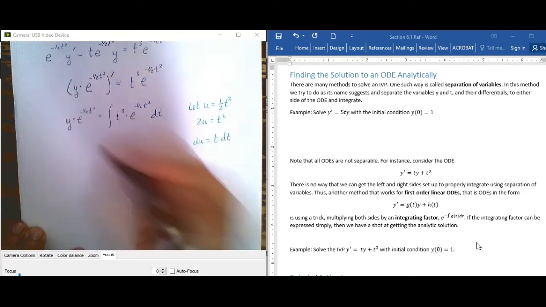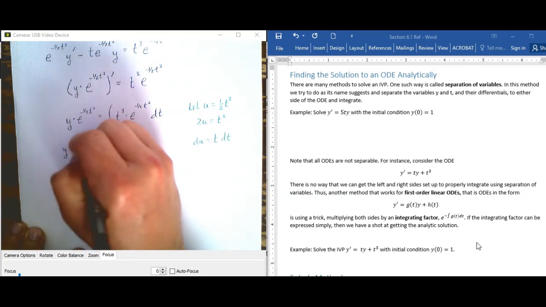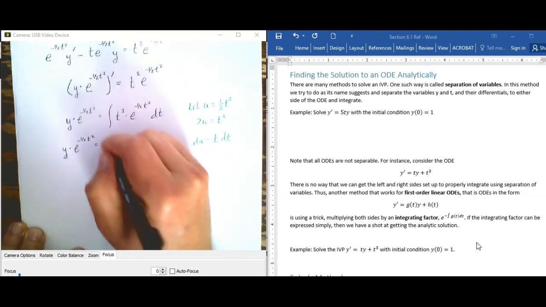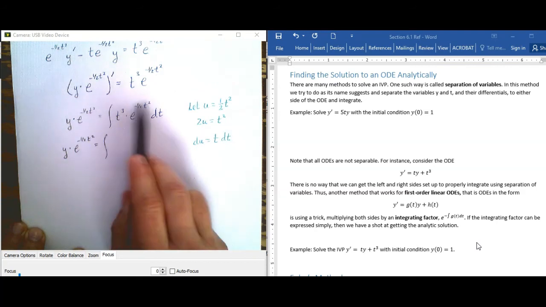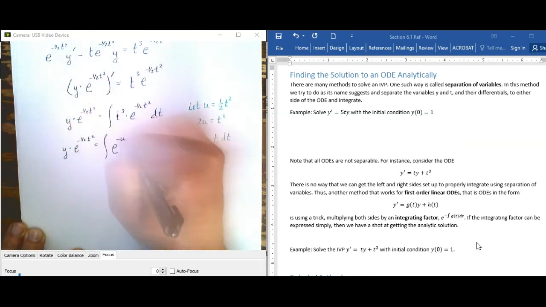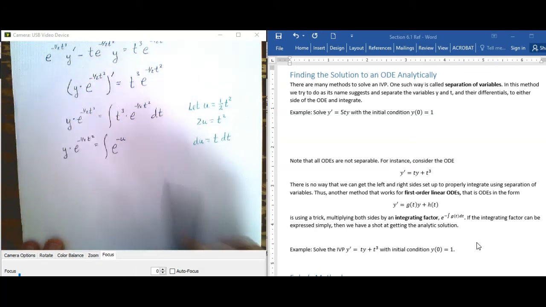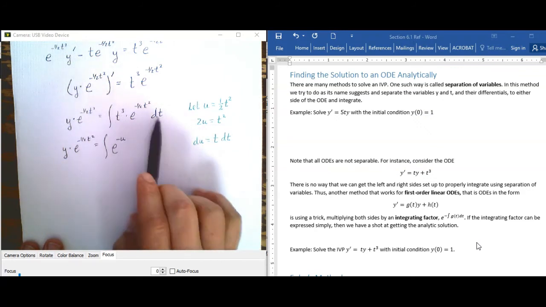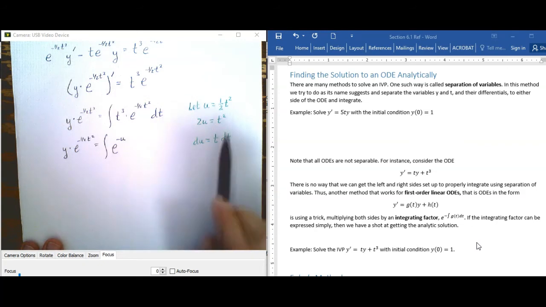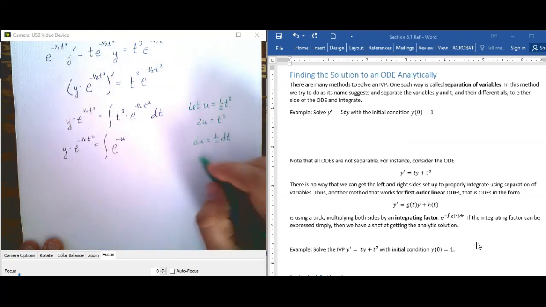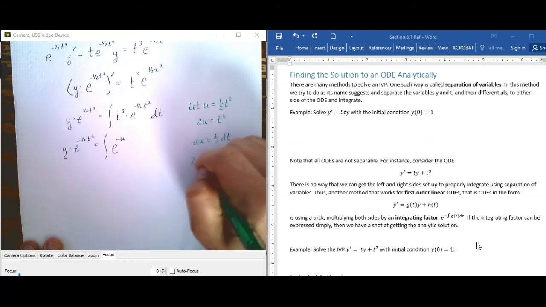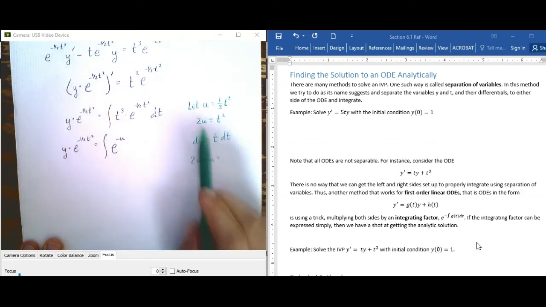All right, so let's see what we have. We have our left-hand side equals the integral. We can write this term pretty simply. That's just e to the negative u. Now, what we need is a substitute for t cubed dt. T cubed dt can actually come from the product of these two sides here. So note that 2u times du is equal to t squared times t dt.